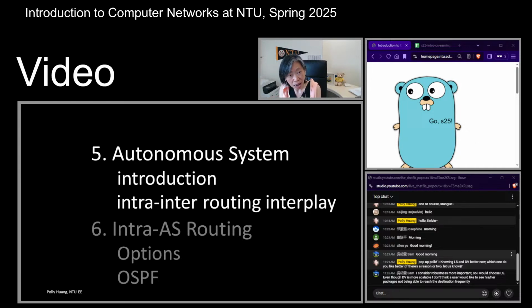So within an autonomous system, the network admin can pick and choose whichever routing protocol to run for the network. And then between the autonomous systems, we run another protocol at the higher level, and everyone will be running the same routing algorithm. All right. So in this video, you'll hear in the first part.